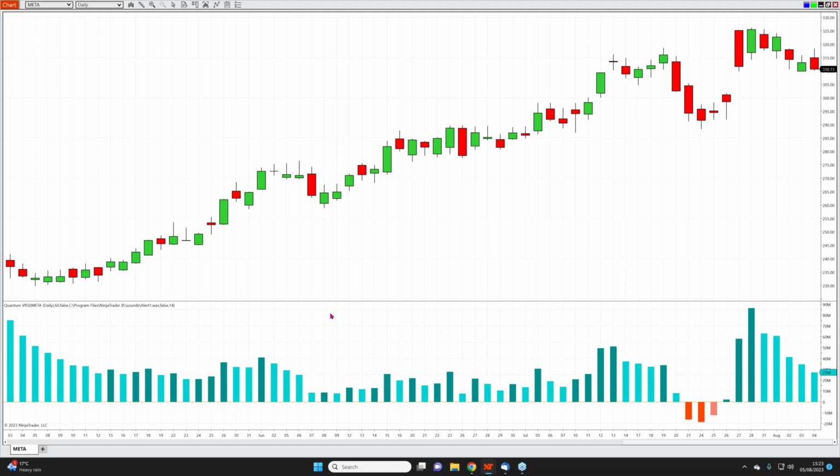So nice trend, supported throughout with darker blue, lighter blue, relatively tall pressure bars right the way through, injections of pressure here and there. Not a dramatic trend, but a steady trend, I would say. Rising steadily, not aggressively rising. Nice and steady, nice and even paced.